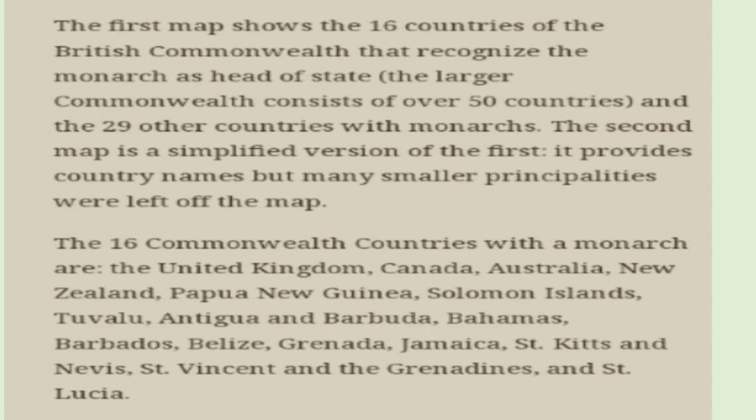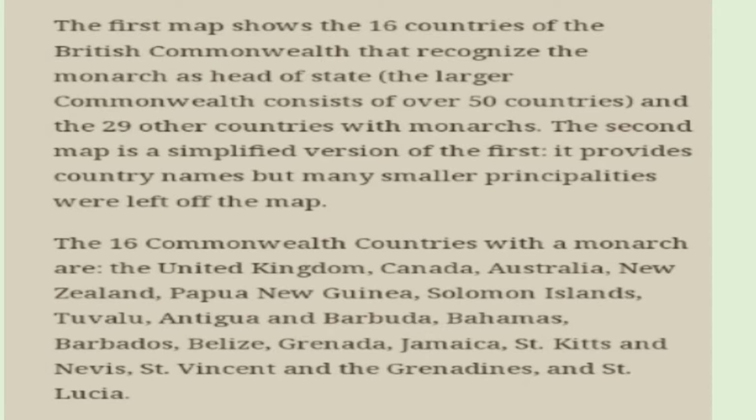The larger Commonwealth consists of over 50 countries, and there are 29 other countries with monarchs. The second map is a simplified version of the first one. It provides the countries' names, but smaller principalities were left off the map.